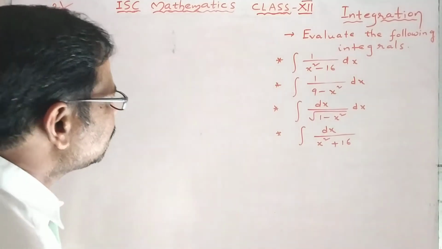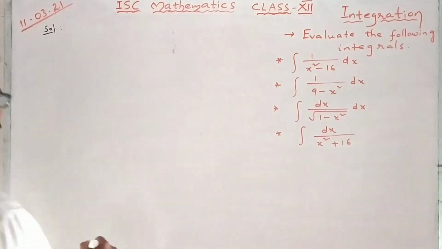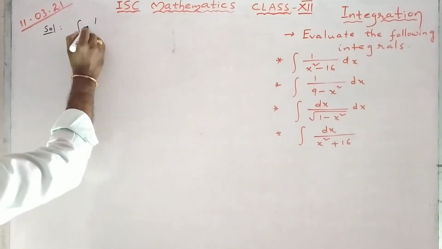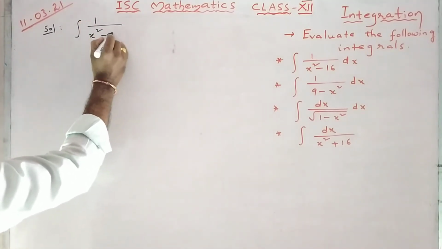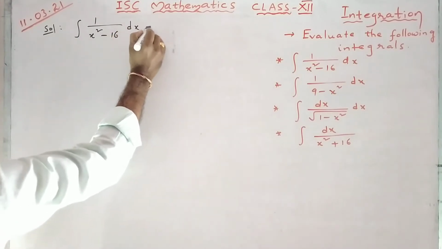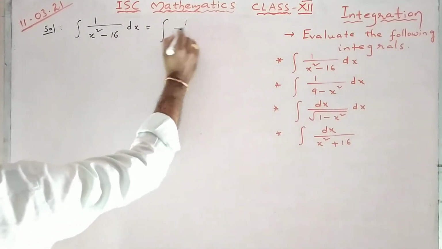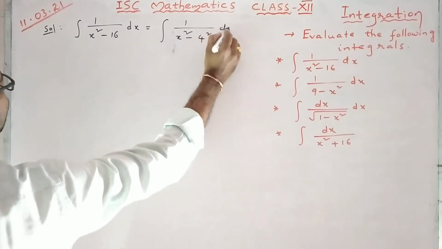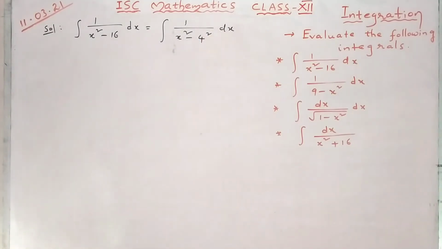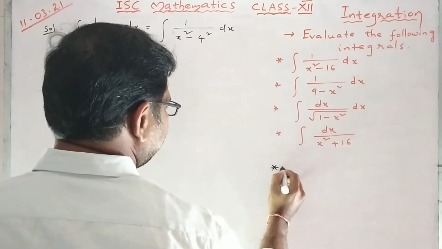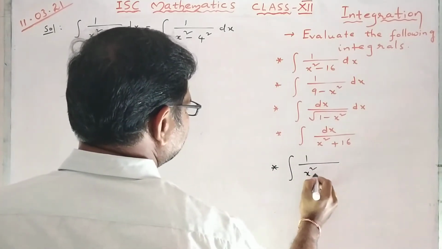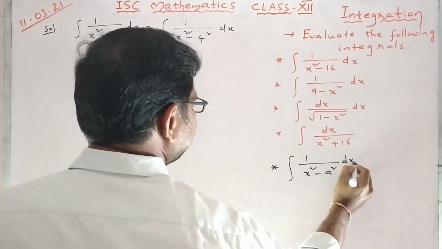Look at these questions. Integral 1 by x square minus 16 dx. This can be written as 4 square. So it looks like, here I am writing the formula, integral 1 by x square minus a square dx.